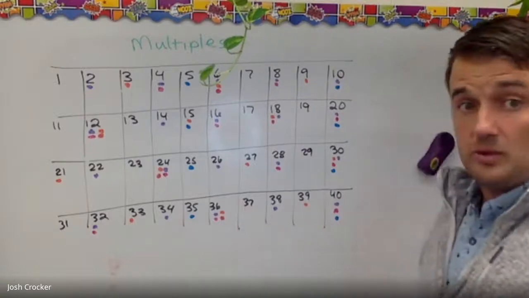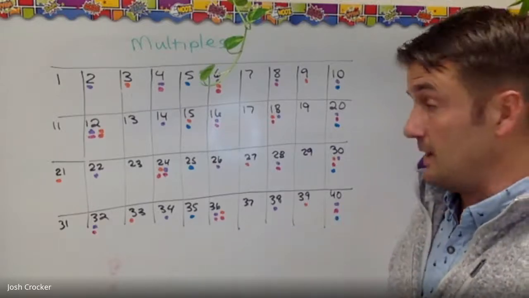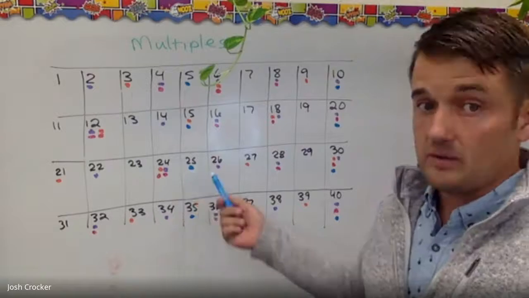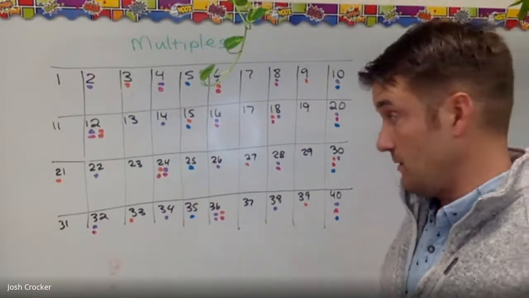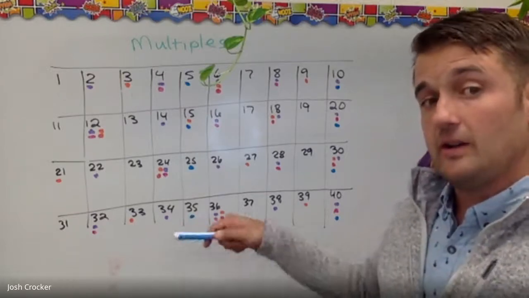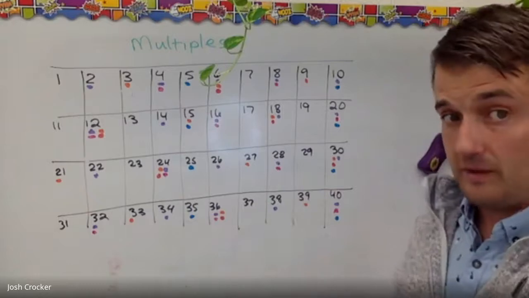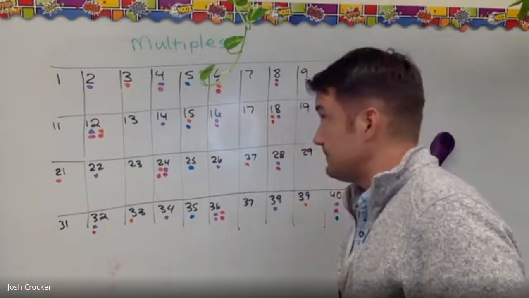So those are all the multiples of 5. Those are all the numbers I say when I count by 5s, and I can go the other way and say 5 is a factor of 25. I can use 5 to make 25. 5 times 5 is 25. Okay? 5 is a factor of 35, and 35 is a multiple of 5, because when I count by 5s, I say 35.